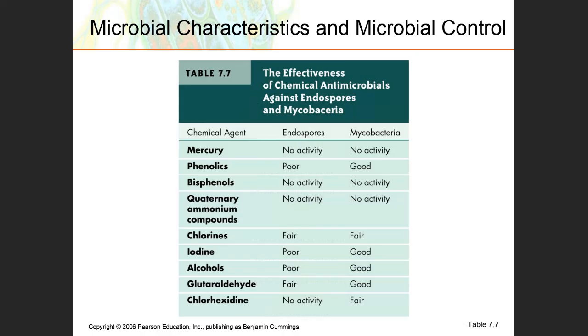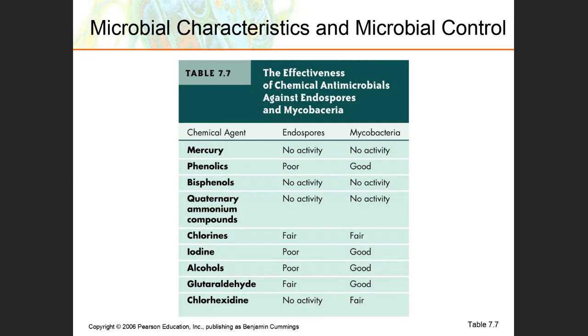And then lastly, to summarize, just to show you the two most resistant things that you are likely to encounter, spores and mycobacteria. You don't need to memorize any of these results, but the idea here is to show you that not all the different chemical agents work against all these things. When it comes to spores, most of these things do not work well at all.